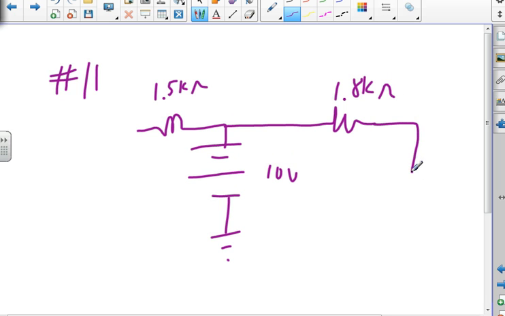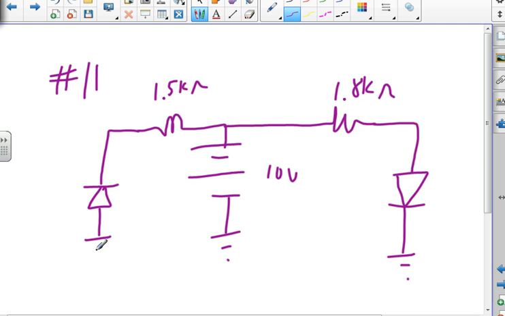I've got a diode going that way, and I've got a diode going the other way. D1, V1, VR1, R1, R2, D2. Is the picture right?